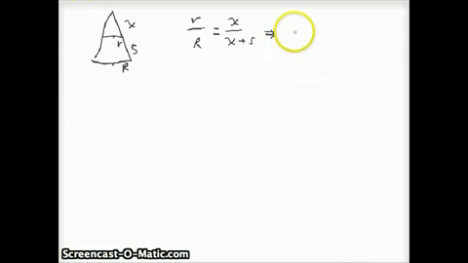And if we cross multiply, we're going to get this relationship that's going to come in handy later for a substitution. Capital R x equals lowercase r times x plus s.